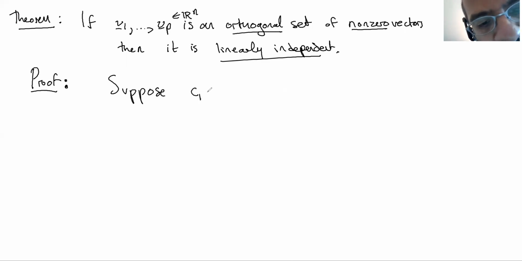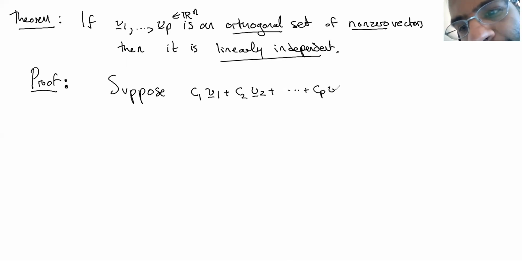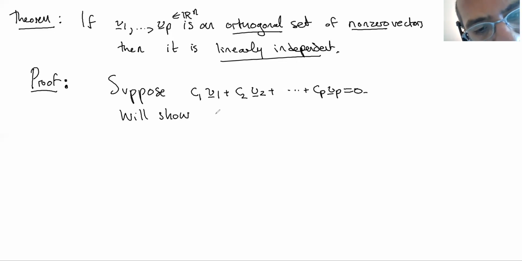So suppose C1 U1 plus C2 U2 all the way up to CP UP is 0. My goal is to show that the coefficients are 0: that C1 equals C2 equals up to CP equals 0.